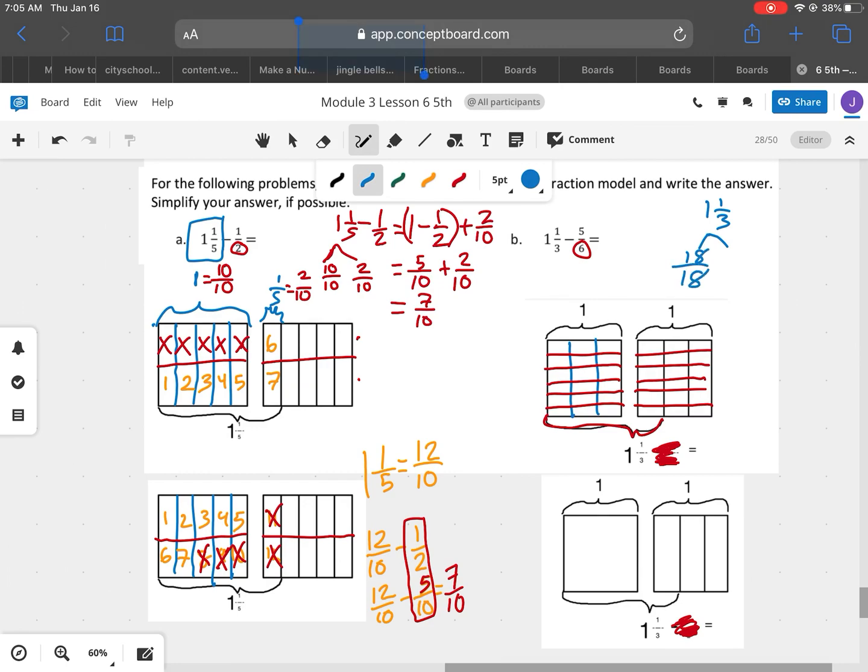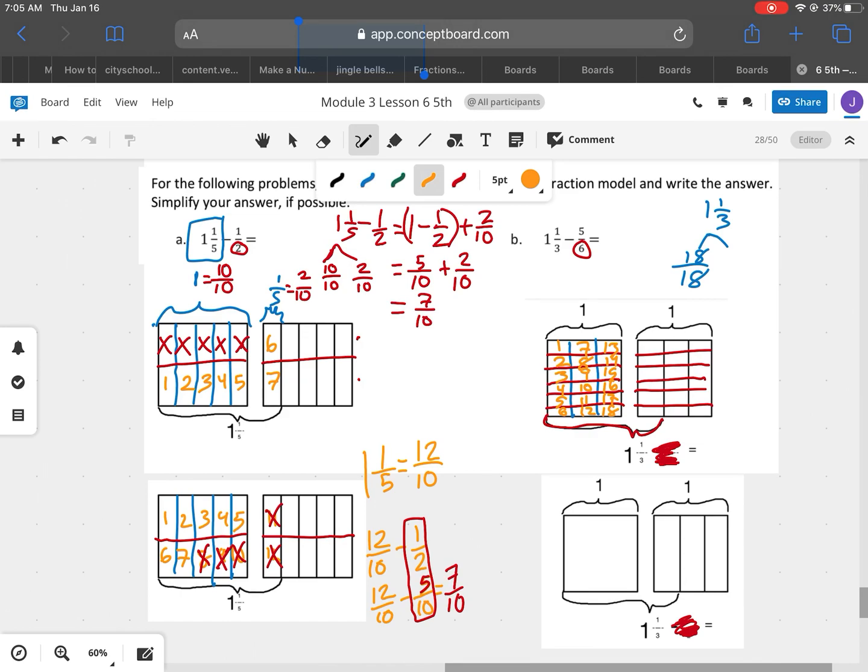Well, if you count here, you're going to see that there's 1, 2, 3, 4, 5, 6, 7, 8, 9, 10, 11, 12, 13, 14, 15, 16, 17, 18 in total. So that's 18/18 equals 1 whole.